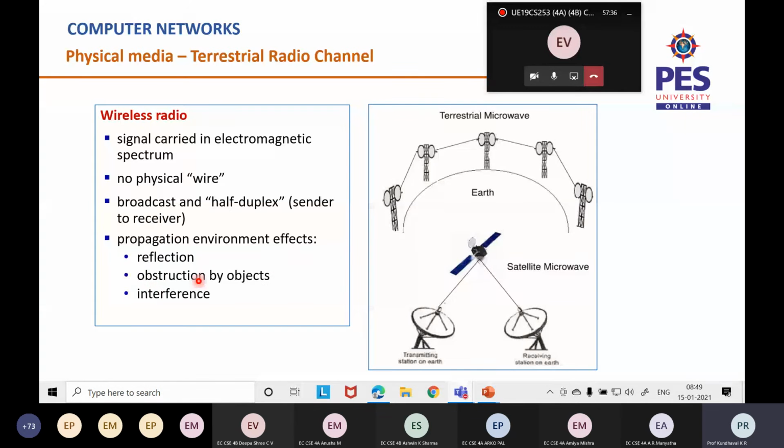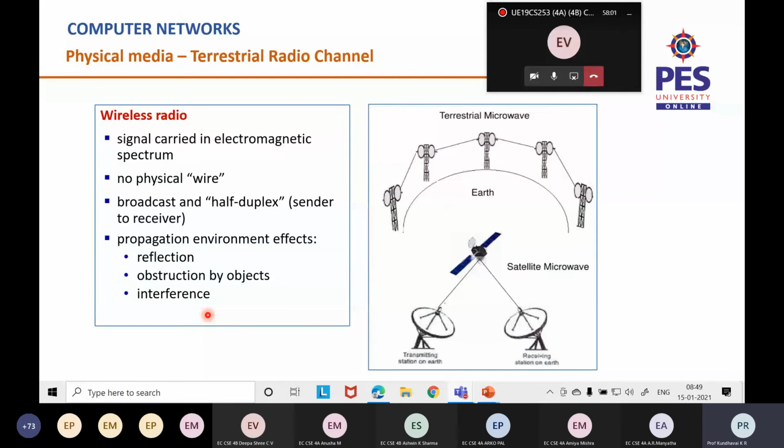Reflection, and obstruction by objects. For example, if you travel via a thick forest, you would not get the signal properly because there are many trees which obstruct the signals. All right, this is also possible here. This is one of the propagation effects in a radio.